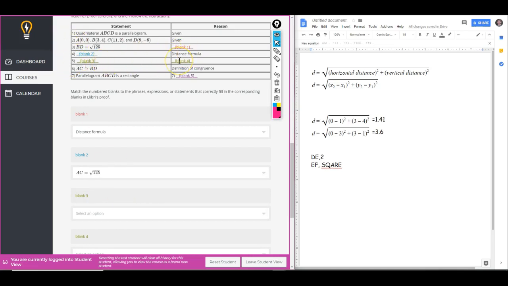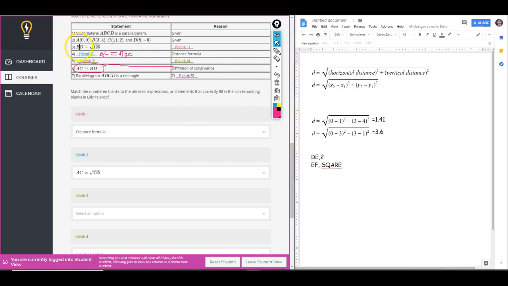Blank 3 and blank 4 are both the statements and the reasons. So I'm going to ask myself, well, if we had AC is equal to the square root of 125 right here, what does this step have to be so that I can end up with congruence from segment AC is congruent to segment BD?